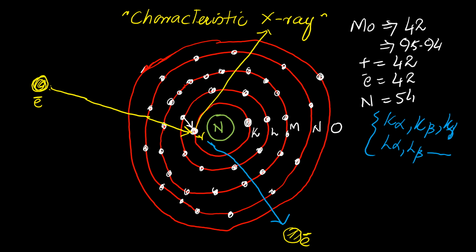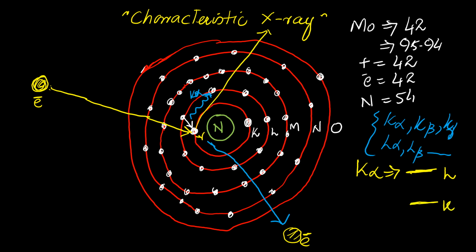In the meanwhile, the electron jumping from the L shell into the K shell releases electromagnetic radiation in the form of radiations known as K alpha radiations. So K alpha X-rays are produced whenever an electron from the L shell jumps into the K shell.